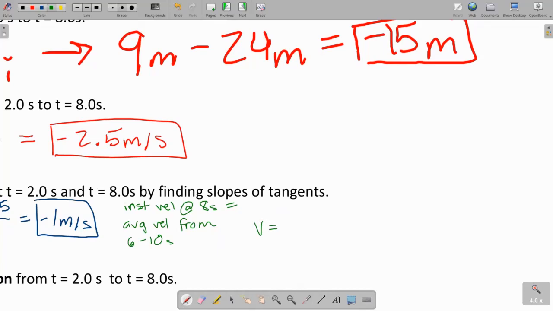The final position was 0 meters minus the initial position at 6 seconds, which was 16 meters, divided by the change in time, which would be 10 seconds minus 6 seconds. So that is going to be equal to -16 divided by 4, which comes out to be -4 meters per second.